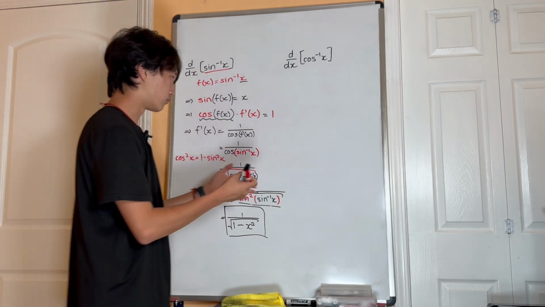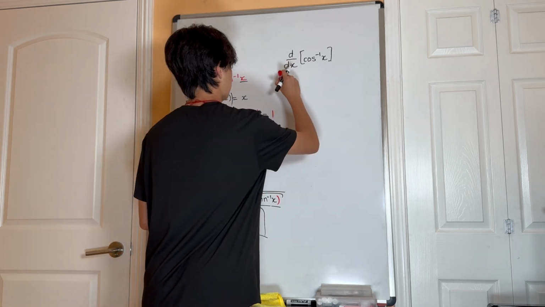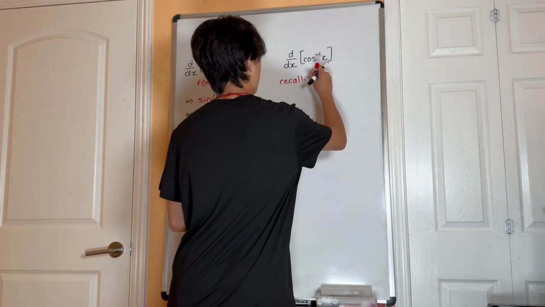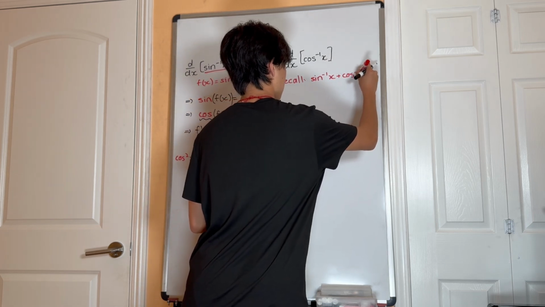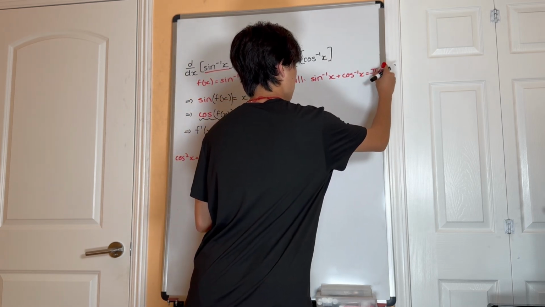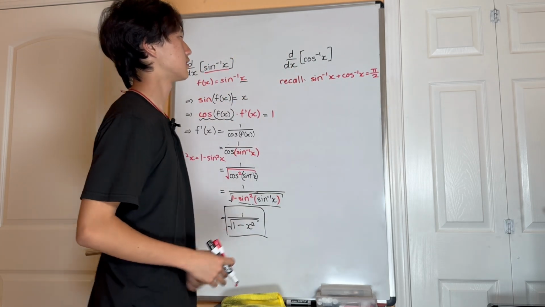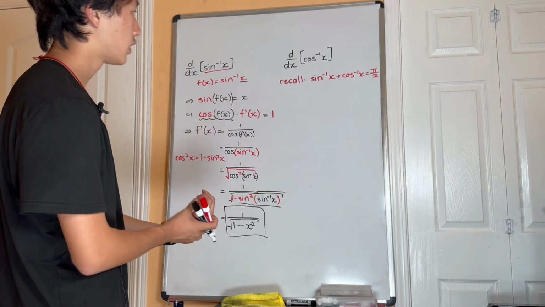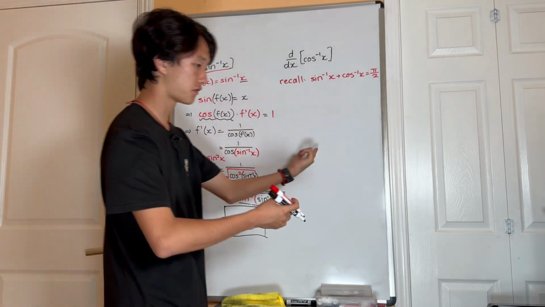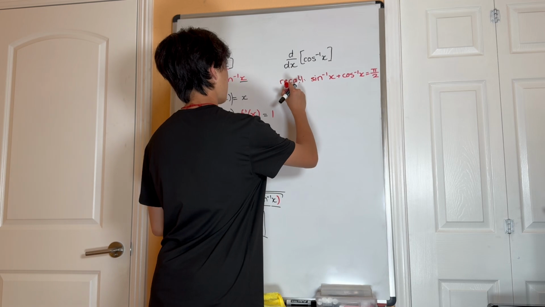Instead, recall this identity right here. Recall that if you add up the inverse sine function and the inverse cosine function, you just get pi over 2. This is an identity, that's for sure. And where does this come from? Well, it comes from the cofunction identity that we already used.